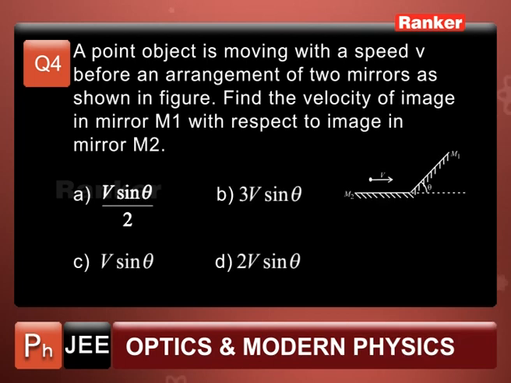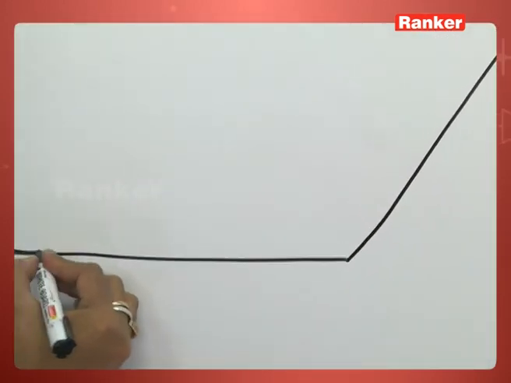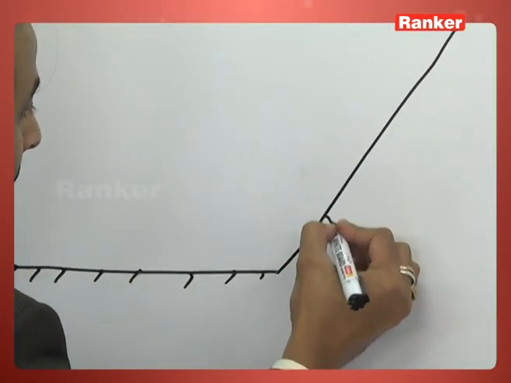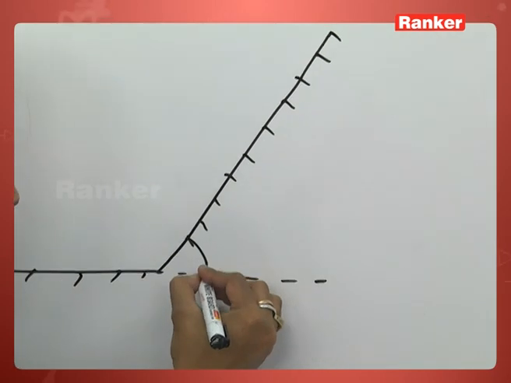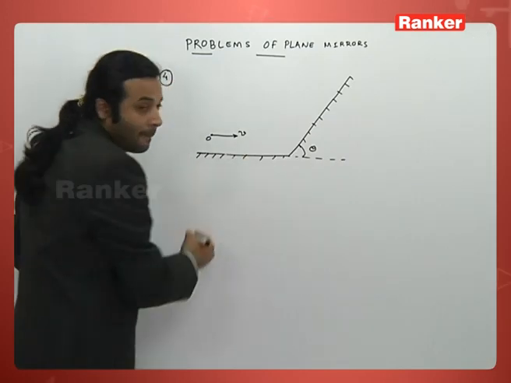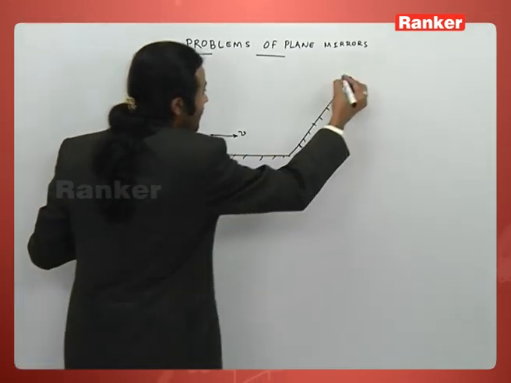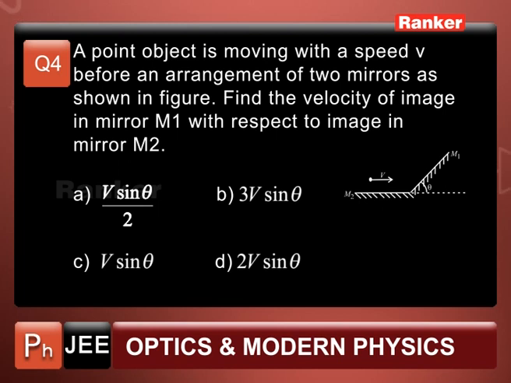The question is, a point object is moving with a speed v before an arrangement of two mirrors as shown in the figure.